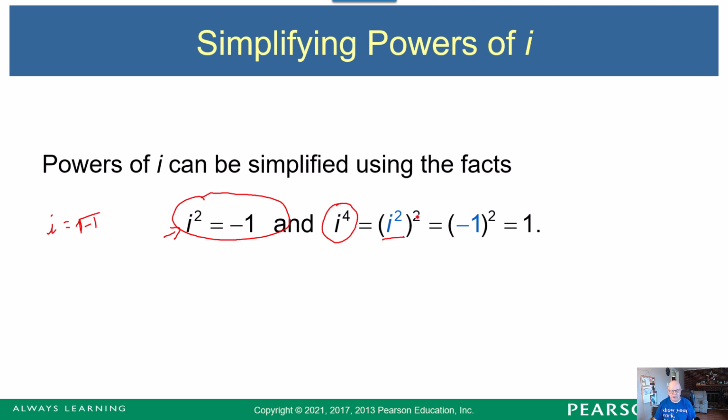Okay, that's not a big deal. But this i squared is -1. So can I replace this by the -1? Square that. Oh my gosh, it's a 1. i to the fourth equals 1. Yes, no trick. i to the fourth equals 1.